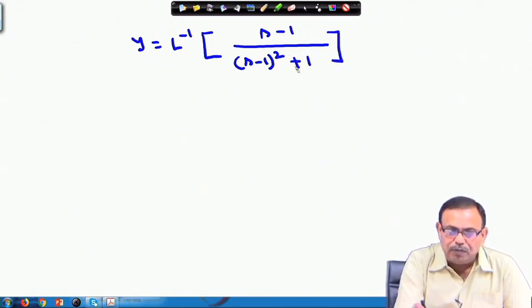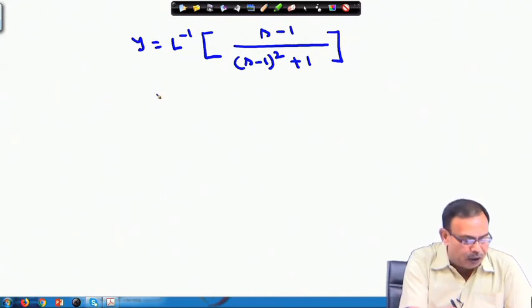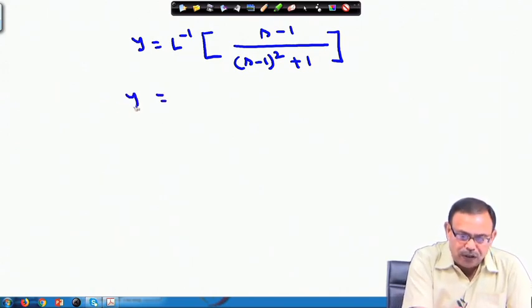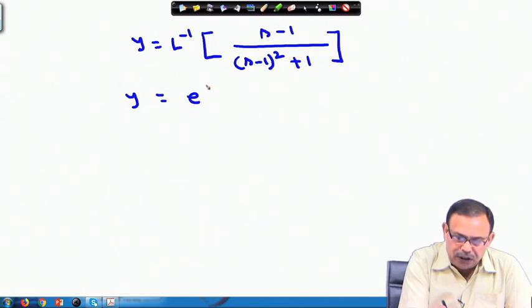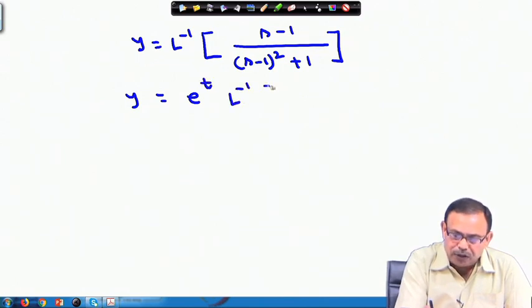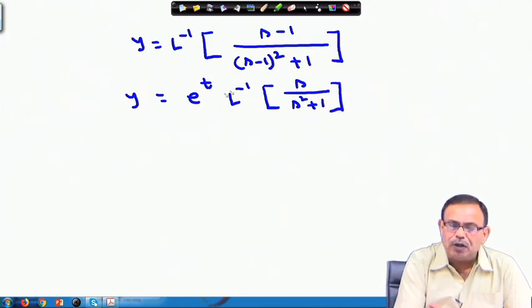Now, this s minus 1 can be replaced by s by the shifting theorem. So, you can write y equals e power t into Laplace inverse of s by s square plus 1. The e power t operator comes over here because s minus a is present.